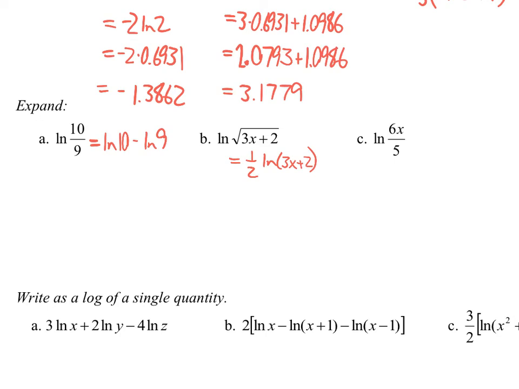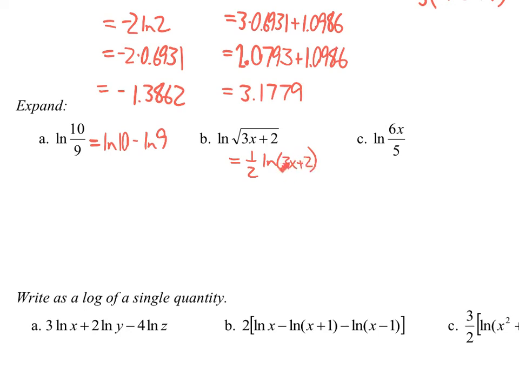You don't think so? It is plus. If it's addition inside the argument, can't do anything with that. Okay? If it's addition inside the argument, here 3x plus 2, that's as far as we can simplify.